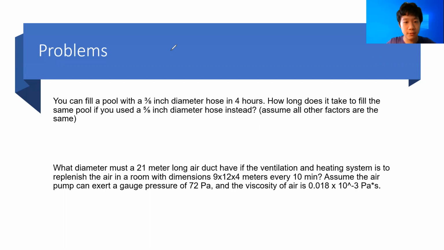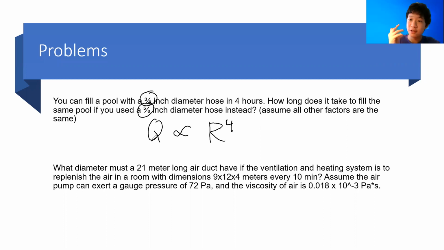Okay, so here's the solution. We know that from Poiseuille's equation, Q is proportional to r to the fourth. So the ratio of the radii, which is the same thing as the ratio of the diameters, is related to the ratio of the volume flow rate and how fast you can fill up the pool.